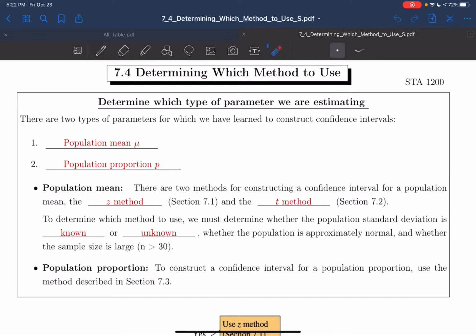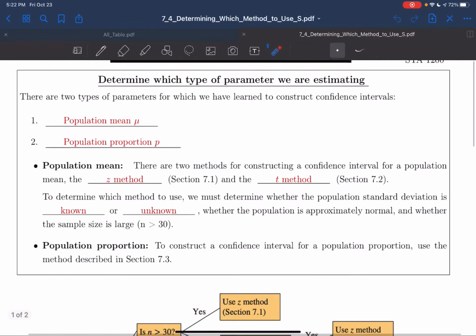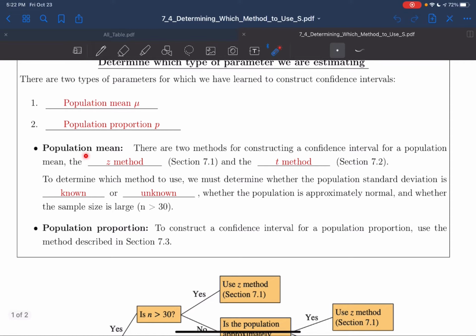Again, just to recap, we essentially want to know what parameters we are estimating, and so far we did two parameters: the population mean mu, or the population proportion p. So let's focus on the population mean first.